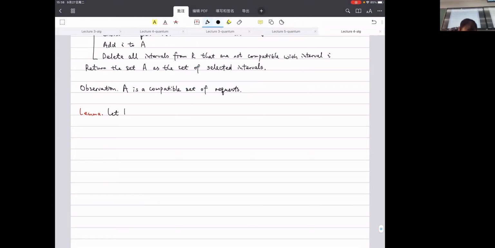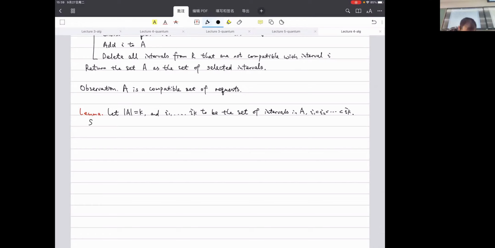So let's say that the cardinality of A equals K. If the cardinality equals K, then we can call the intervals I1 to IK, the set of intervals in A. And we can say that I1 is smaller than I2, smaller than IK. This is just an output of our algorithm. After all, this interval scheduling problem has an optimal solution.